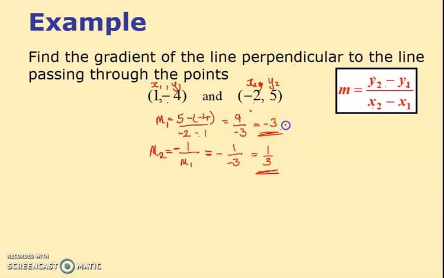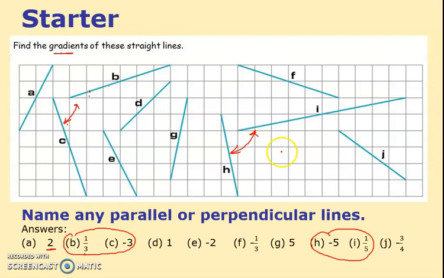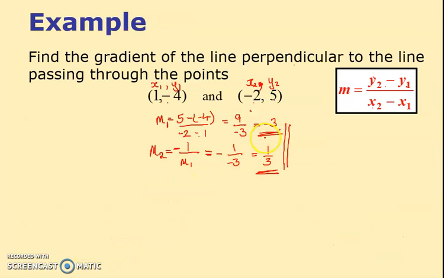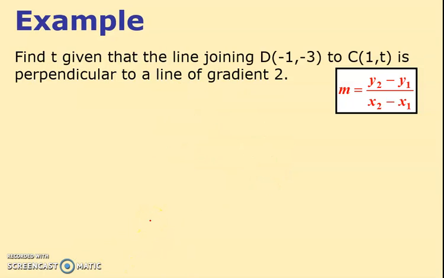In fact, it might even be the same answers. Looking at -3 and a third, in the example we did, it was -3 and a third. That's why I thought these two were perpendicular, because one is the negative reciprocal of the other. As it turned out, we then had an example which did the same thing. So m1 is -3, m2 is a third.